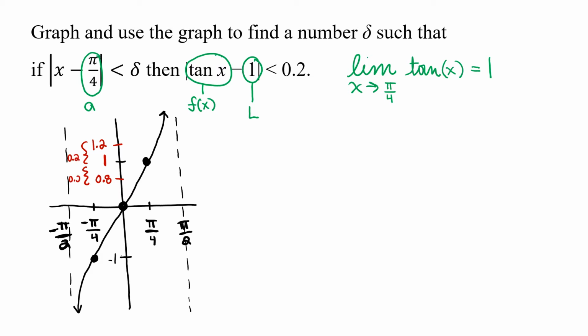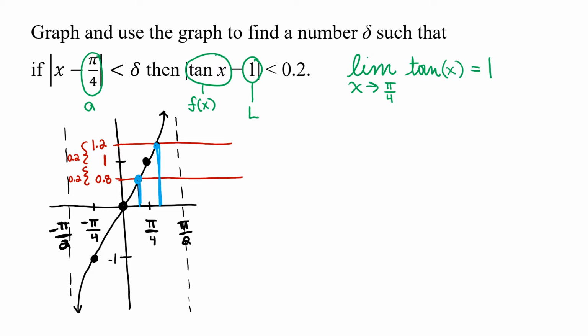So that's good. So now we know what our error band looks like, or error bounds. And we're interested in finding the inputs that will land us within these bounds. So we'll have to figure that out.